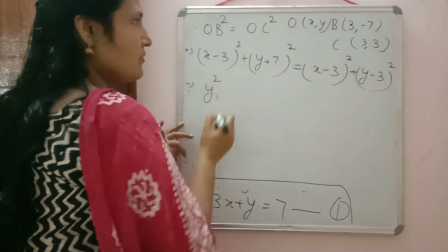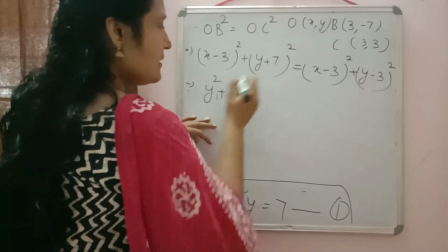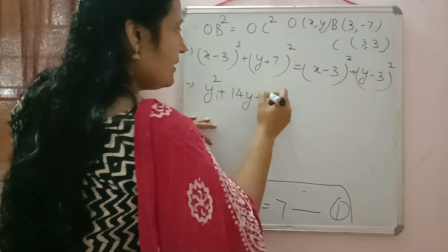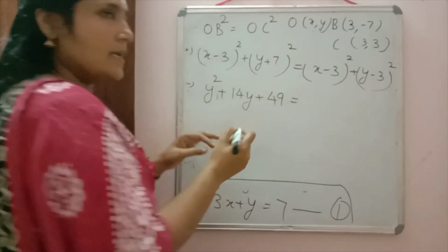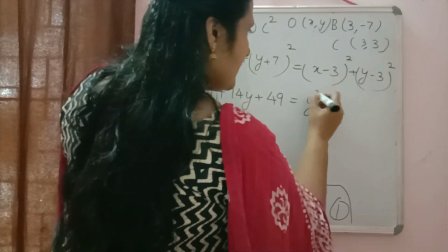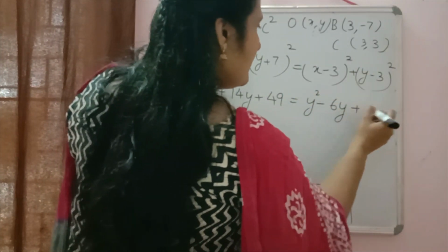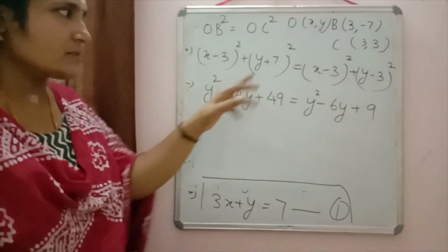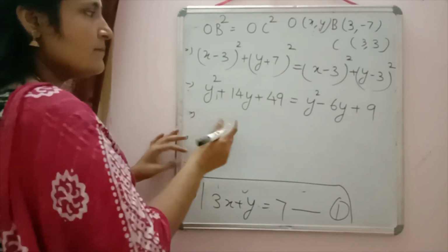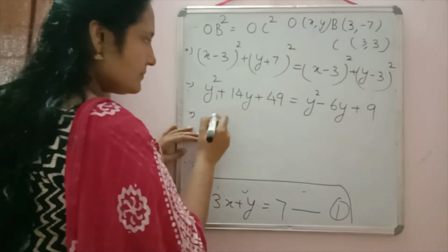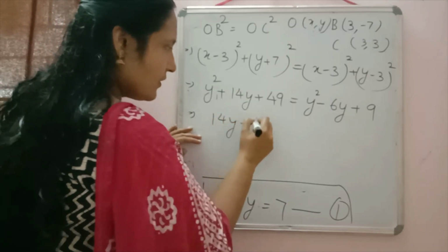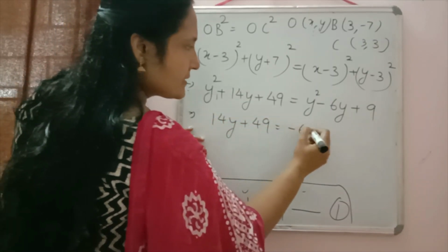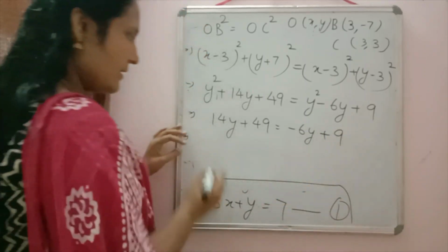So it will be equal to y square plus 14y plus 49 is equal to y square minus 6y plus 9. y square and y square will get cancelled. 14y plus 49 is equal to minus 6y plus 9.